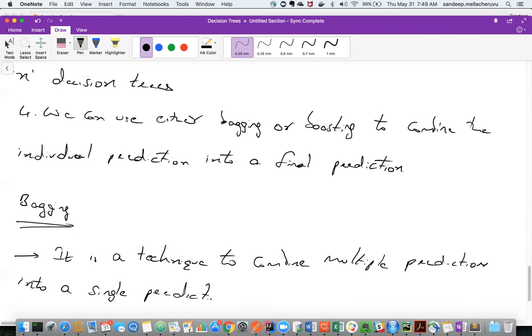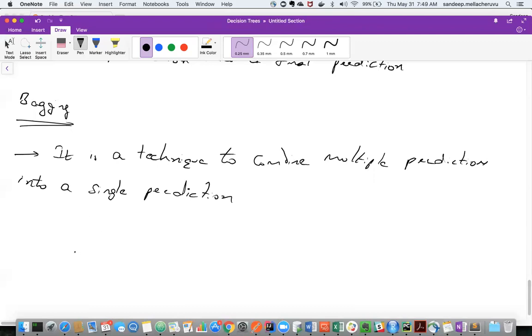So I have n number of predictions because I have n trees. What I do is I combine all these predictions into one single prediction.